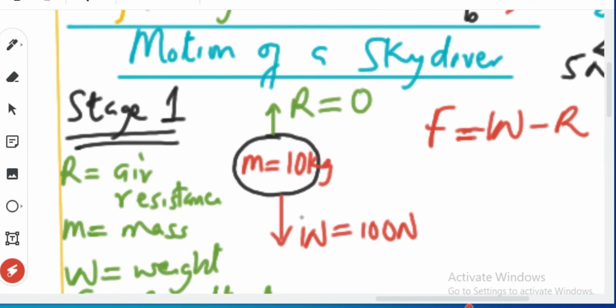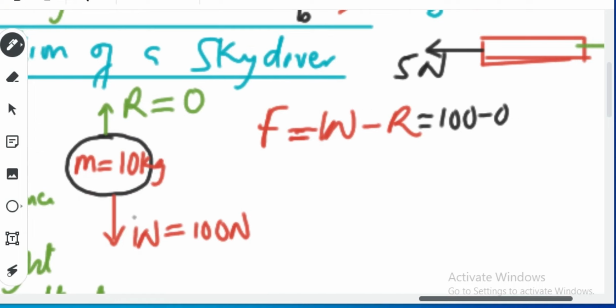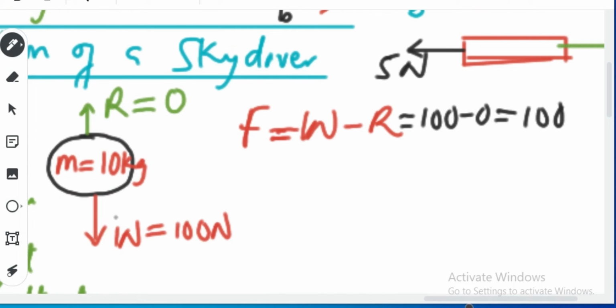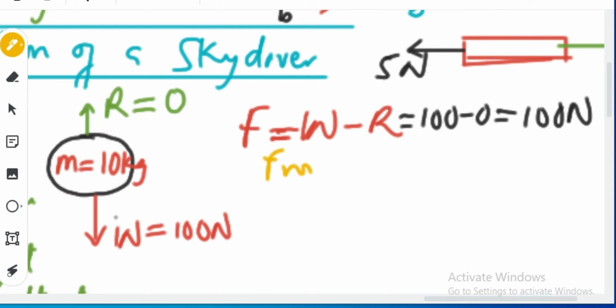Here the resultant force, let's check it. The only force acting is weight. Air resistance is zero. So the resultant force is 100 minus 0, which is 100. So it's 100 Newton downward, if you like. Now from F equal to MA, what's the acceleration?